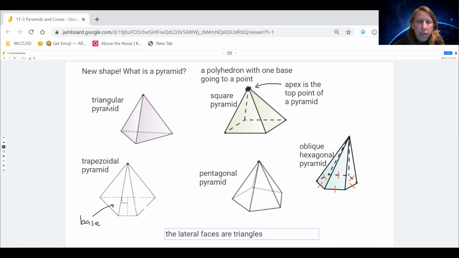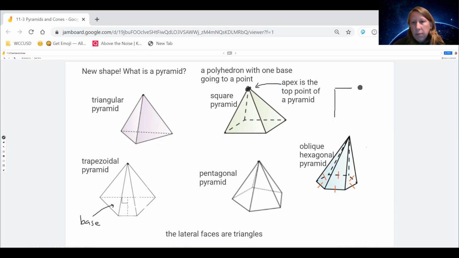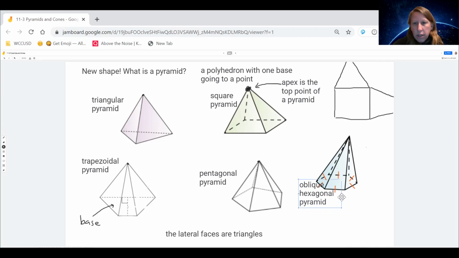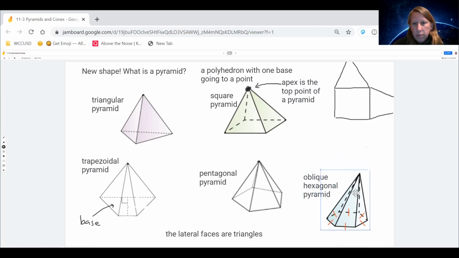But here, if I showed you the net, this would look like we would have a square in the middle, and then these triangle flaps would kind of fold up together. Kind of cut off here. Let me move that guy. Move over here, you oblique hexagonal.